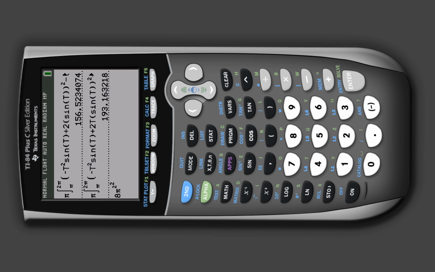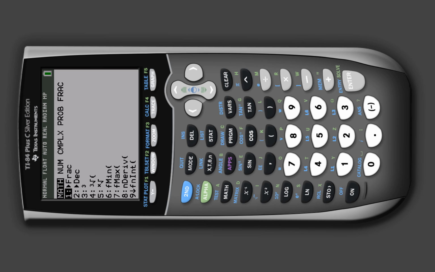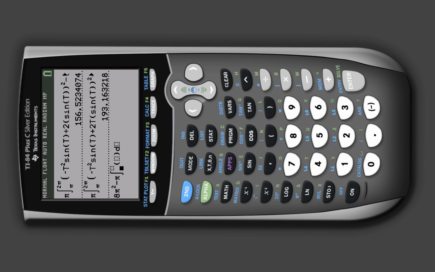Okay, 8 pi square, and right button minus, then after that you have the pi, then after that I will do the integration sign, maths function integrate. Bottom is the lower limit, I key in pi, upper limit. In fact, you don't have to look at me doing all this. You could try it out on your own calculator, unless you don't know how to do it.